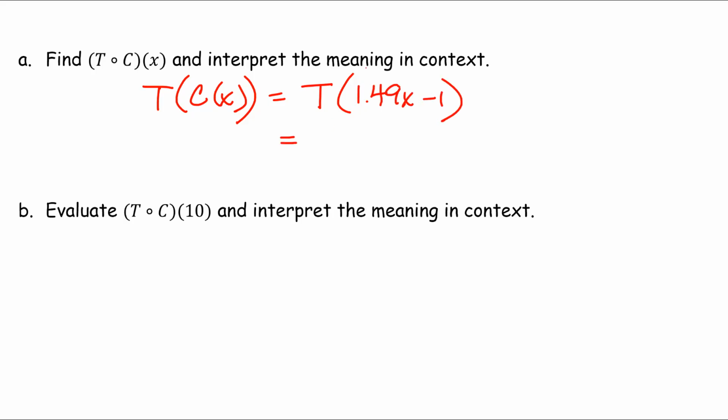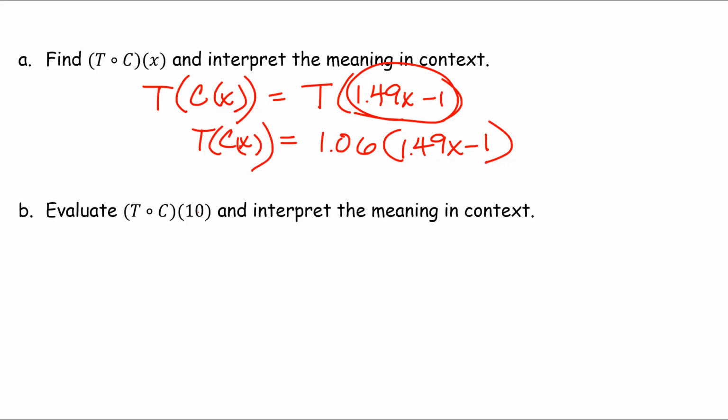And so the T function tells you take whatever's in these parentheses here and multiply it by 1.06. So that would be 1.06 times $1.49x minus 1. So the T of C of x is telling you if you buy x songs, this is how much money you're going to have to pay, including your tax. That's what the meaning of T of C of x is.